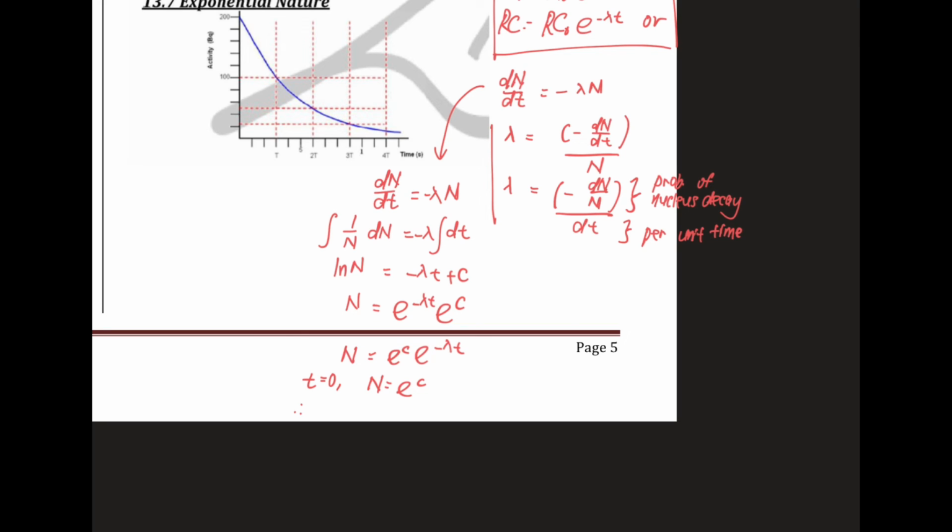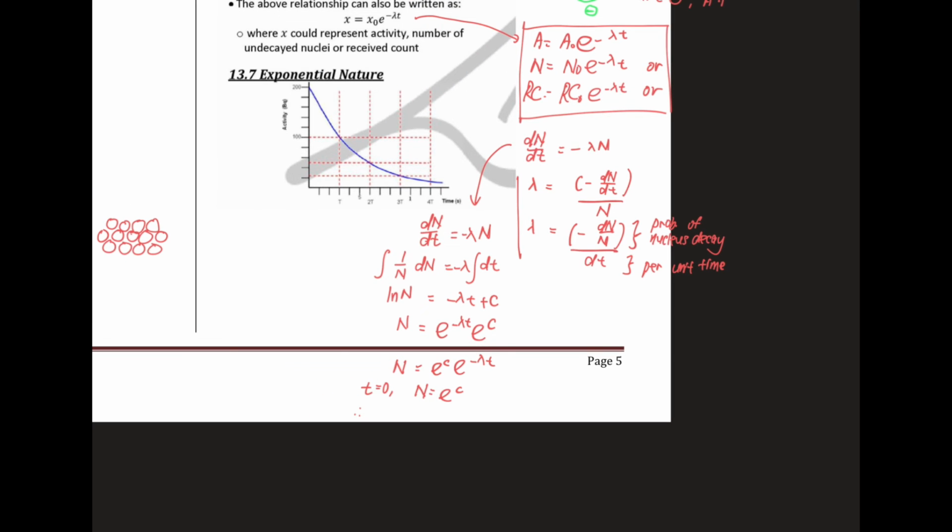Because of this, we get N equal to N naught e to the minus lambda t, where N naught is the e to the power of c just now.